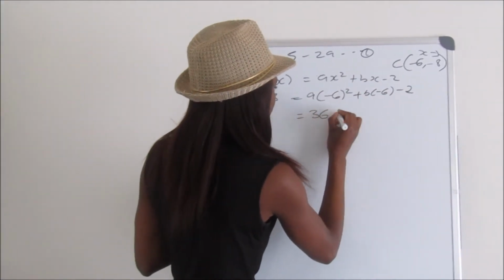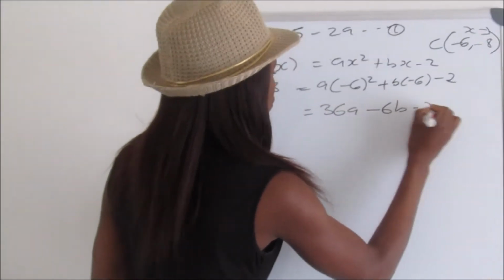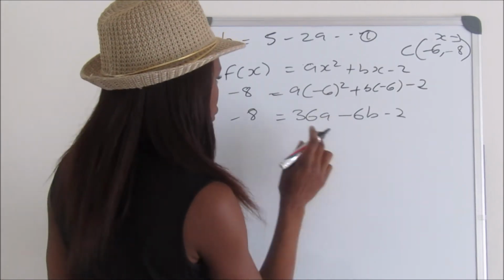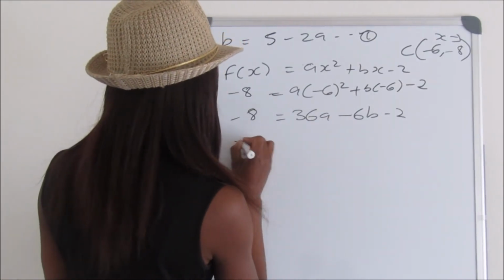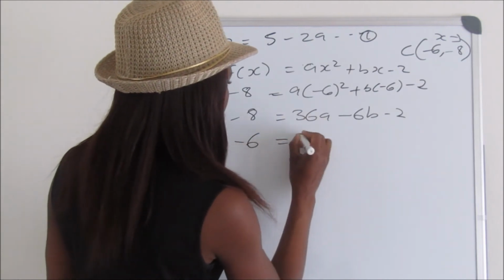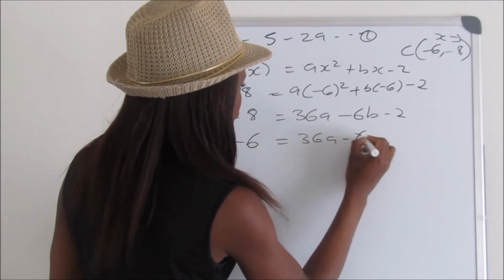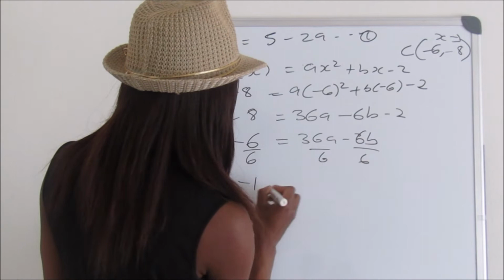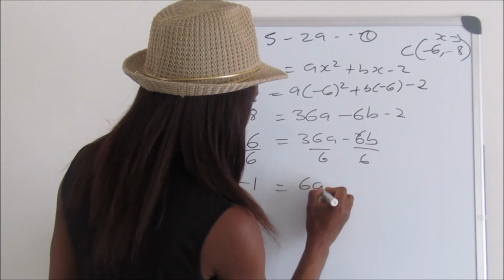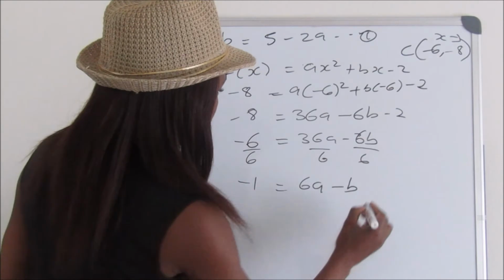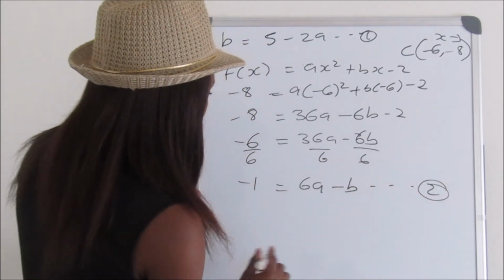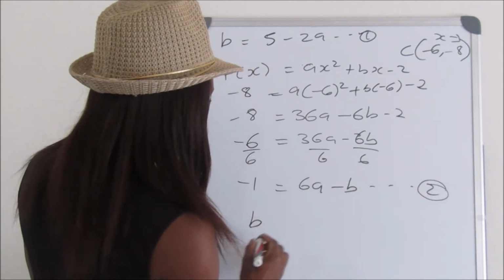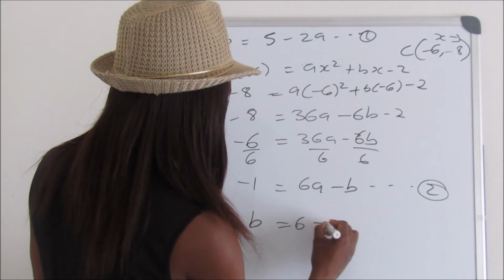Then we have 36a - 6b - 2 = -8. Adding 2, -6 = 36a - 6b. Dividing by 6 everywhere, we get -1 = 6a - b. This is our second equation. Making b the subject of the formula, b = 6a + 1.